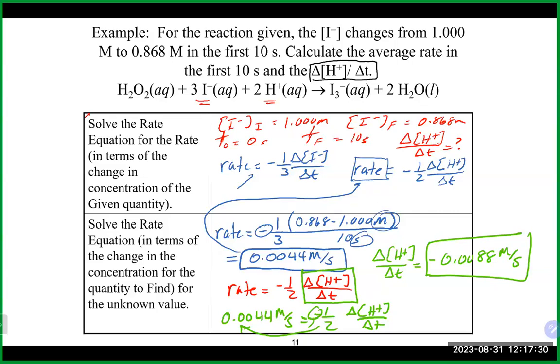In this reaction, H plus is changing twice as fast as the average rate of what's going on, and that is because it has a coefficient of 2, right? So there's twice as much of it floating around. So it will actually affect how fast it's changing because there's twice as much available, so it's able to change in that sense. Any questions on that? Yeah.